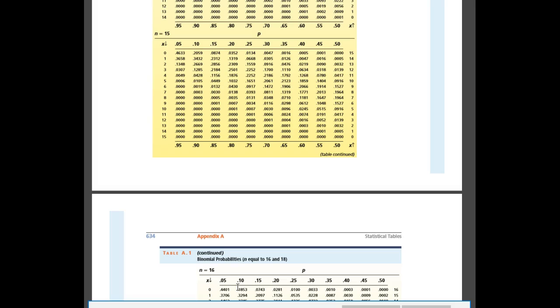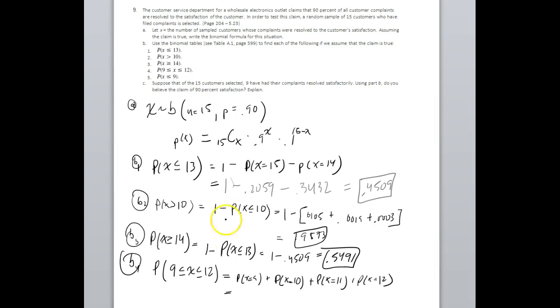And then 12 is 0.1285. And that's all going to equal 0.1837.